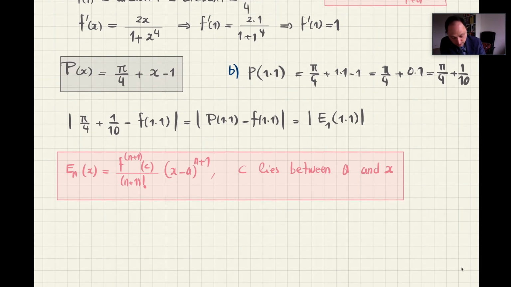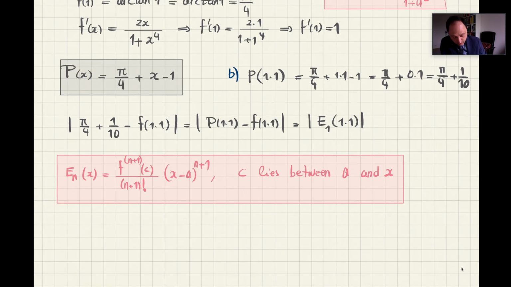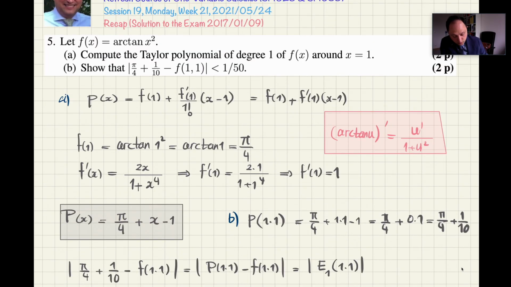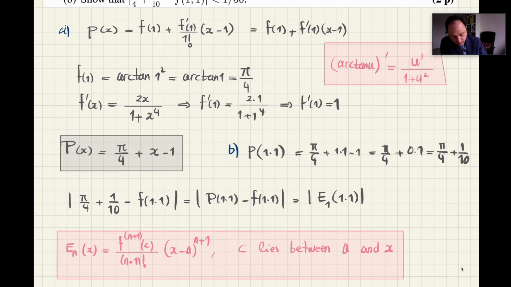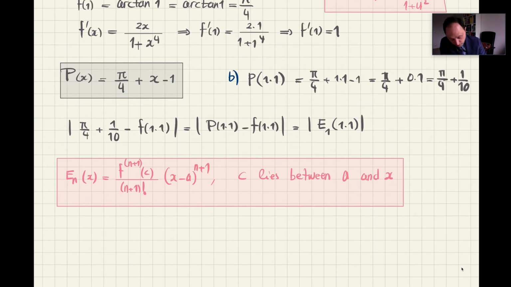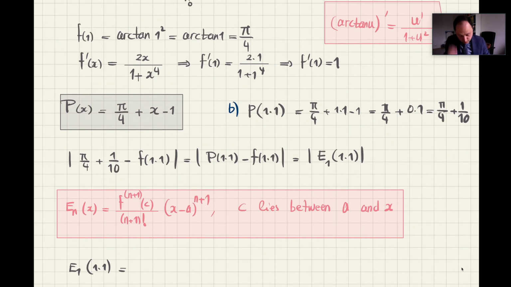Okay, so now let us see what happens. Here x is 1.1, n is 1, and a is given to be 1 in the problem. So in this case, if I want to write E1 of 1.1, this becomes equal to, oh, by the way, I need to calculate, let me write it here.